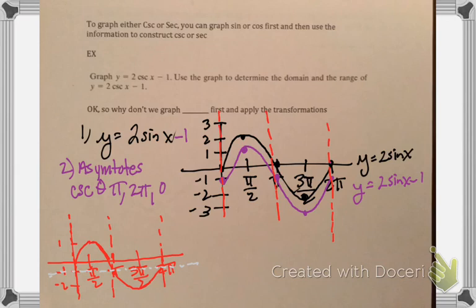Now I'm going to draw in cosecant. So once again, here's a peak, and it's going to shoot off like this. Down here, I'm running off the paper, but it's going to shoot off down there. So that's what cosecant looks like. And you're done.